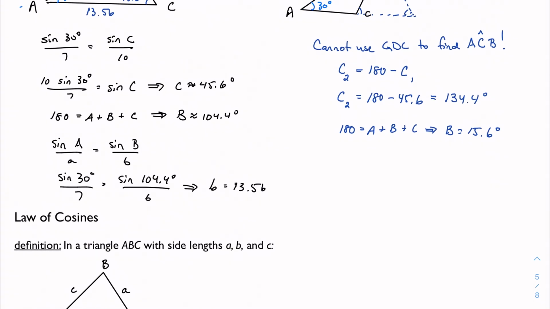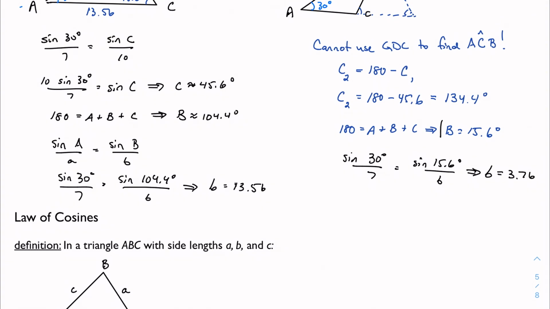And then I can use my law of sines, right? I can say sine of 30 over 7 is sine of 15.6 over little b. I can cross multiply again to get my side length b, which is 3.76.